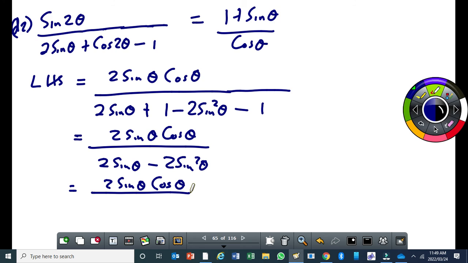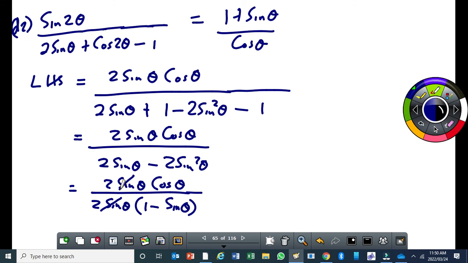So you get 2 sine theta times 1 minus sine theta. Okay? So what this means is that these two will end up cancelling out.